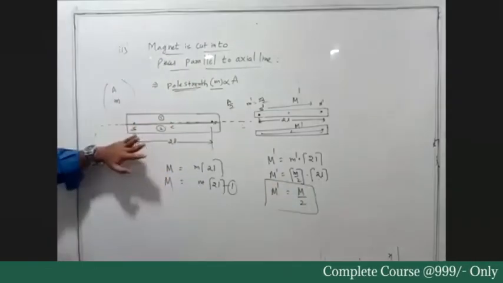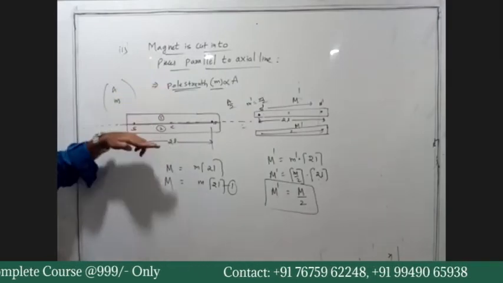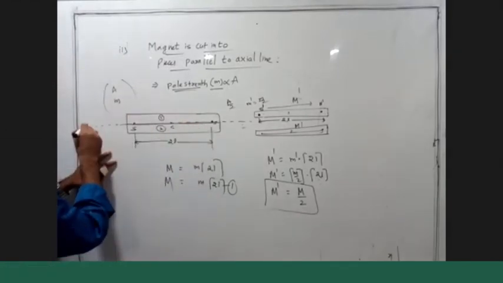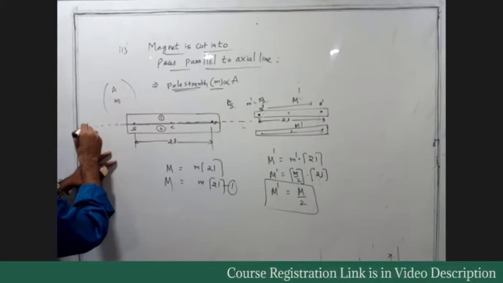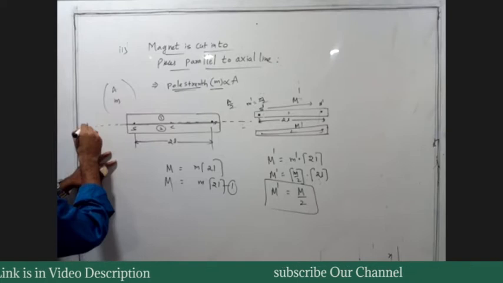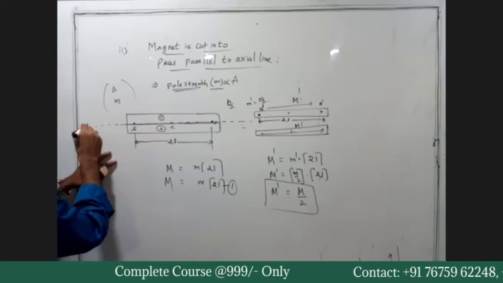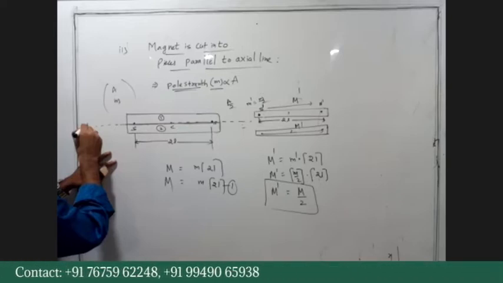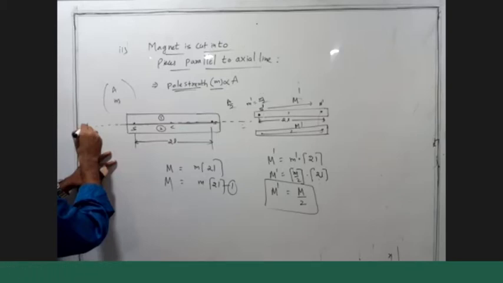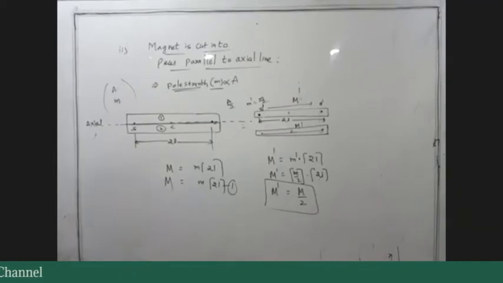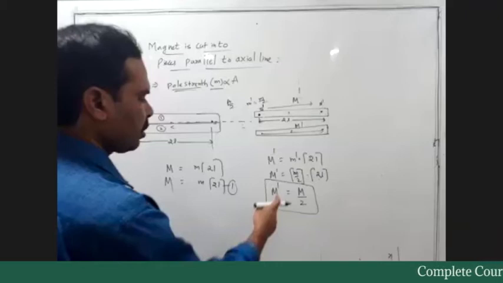So when the bar magnet is cut into two parts parallel to the axial line, the new magnetic moment is M dash equal to M by 2.